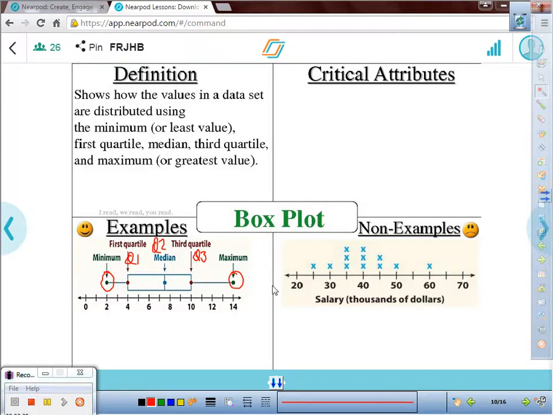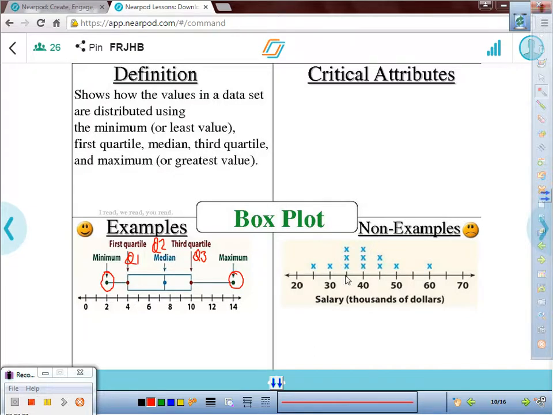Everybody got it? So tell your neighbor, look at this non-example, why this is not a box plot. Okay, I heard because it's a dot plot. That is correct. This is a dot plot.